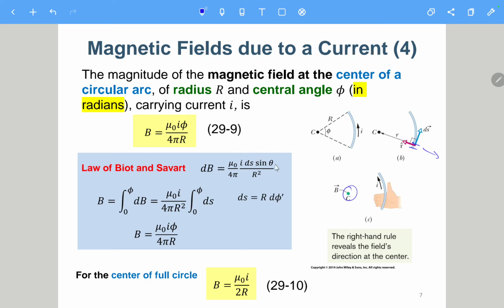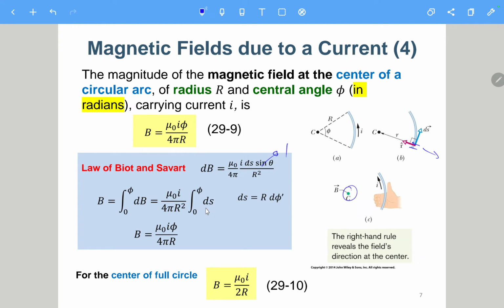Sine of theta is 1, since theta is always 90 degrees, as I mentioned. ds and r hat are always perpendicular to each other, so we have a 1 here. And then we have mu 0 I, ds, and 4 pi r squared. So we integrate from 0 to phi.